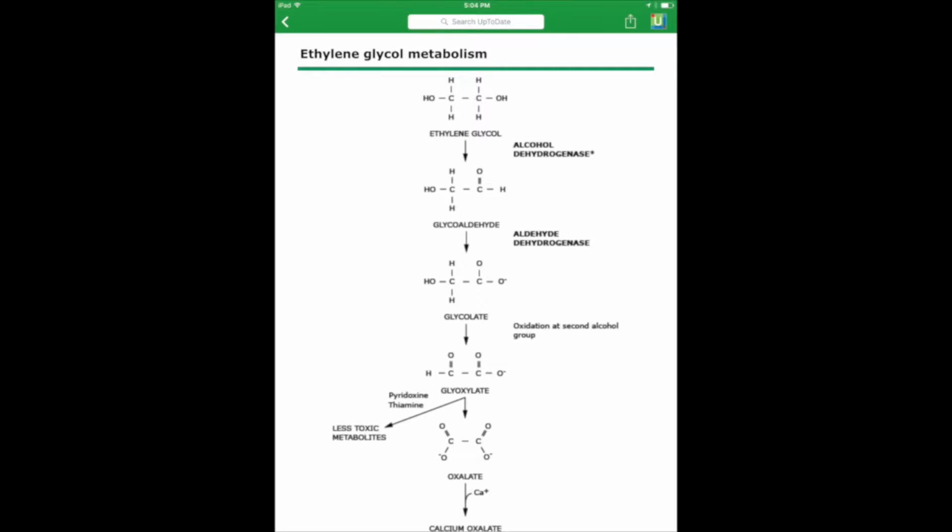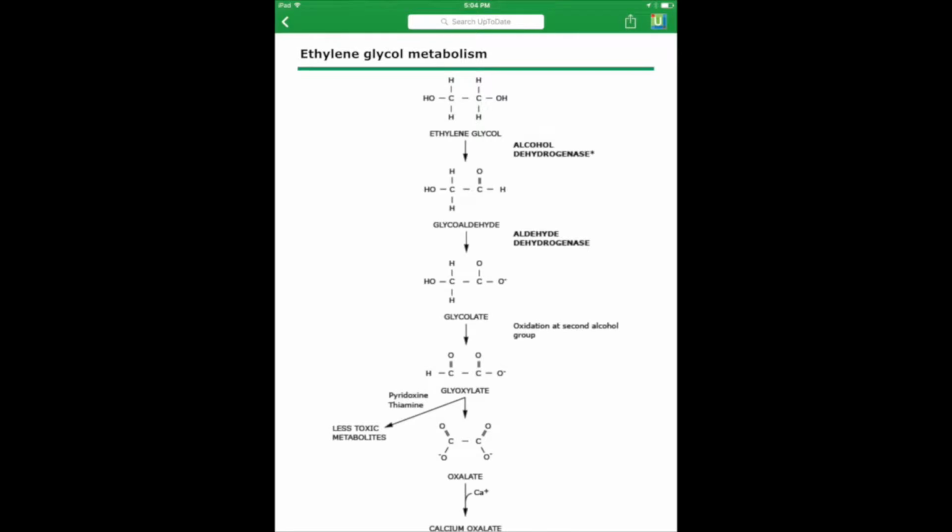I'd like to spend a moment going over the metabolism here. As you can see, ethylene glycol is broken down by alcohol dehydrogenase. The alcohol dehydrogenase breaks the ethylene glycol down into glycoaldehyde. And then it is broken down here, as you can see, into glycolic acid. The glycolic acid is then turned into glyoxylic acid, and that is then turned into oxalate.